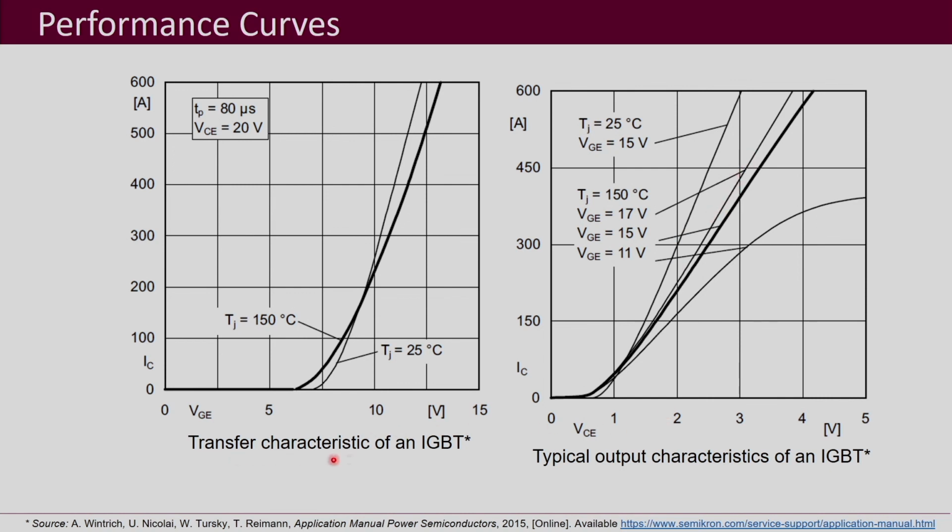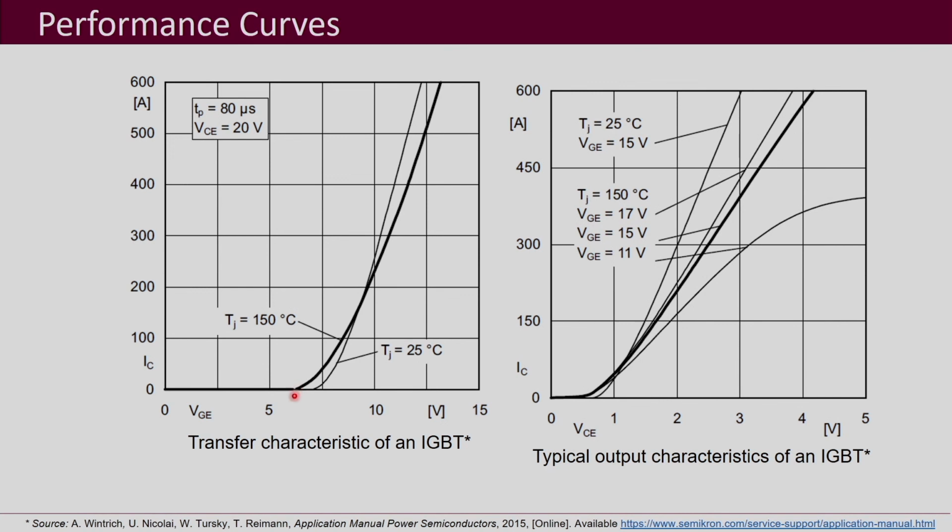Then this is your typical transfer characteristics, which is a graph between your VGE, gate to emitter voltage, and your collector current IC. You can see here that till this point, more than 5 volt, there is no current.